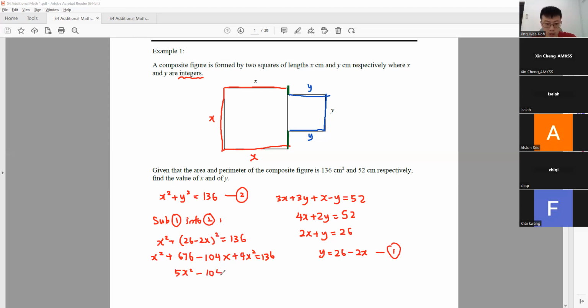Minus 104x plus 540 equals to 0. What do I get when I factorize it?